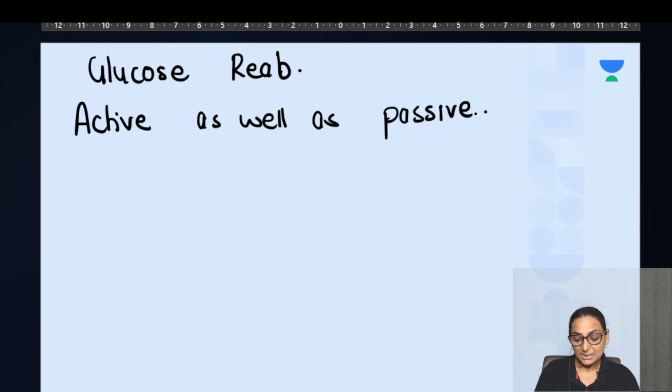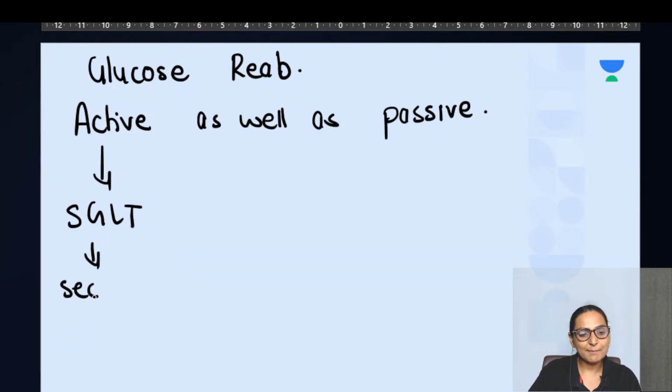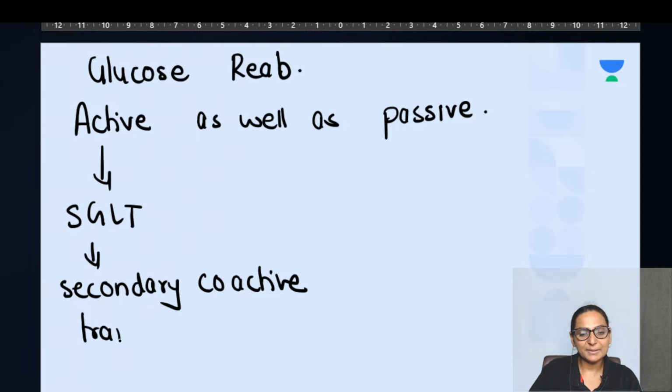Yes, Renu. The most important thing to understand is that glucose reabsorption is active as well as passive. That means both ways. Through energy, that is SGLT, which is an example of a secondary coactive transport mechanism.